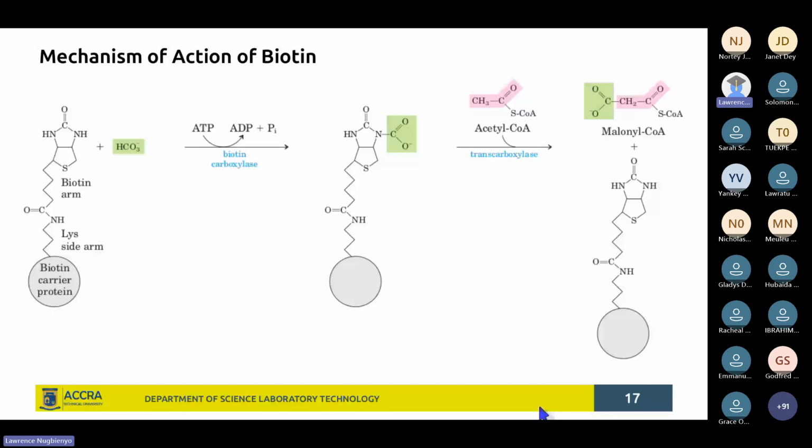All right, so you will see the mechanism of biotin in, say, metabolism of lipids.